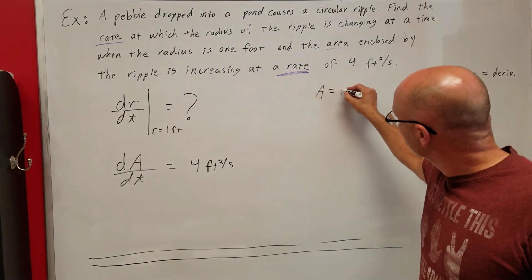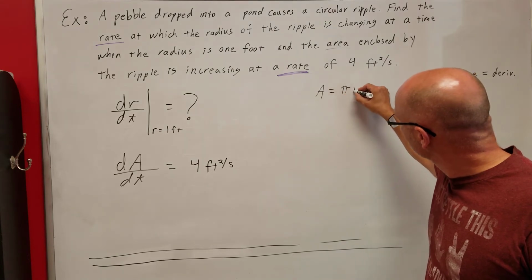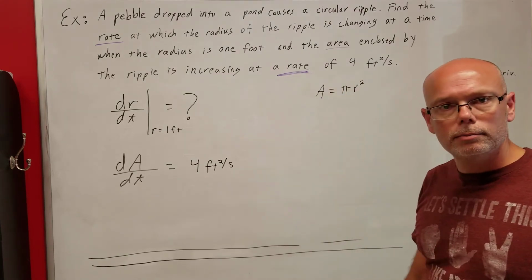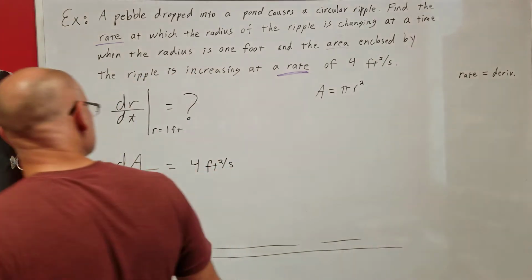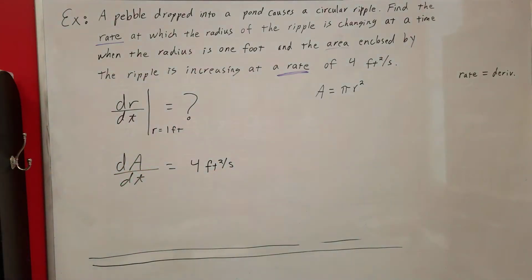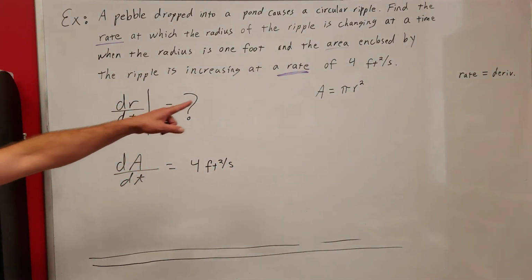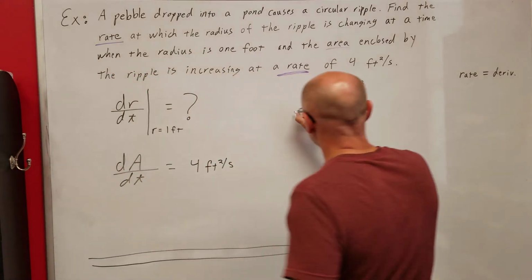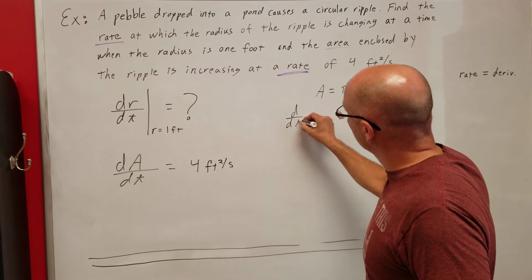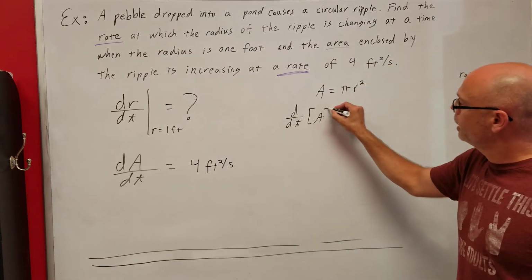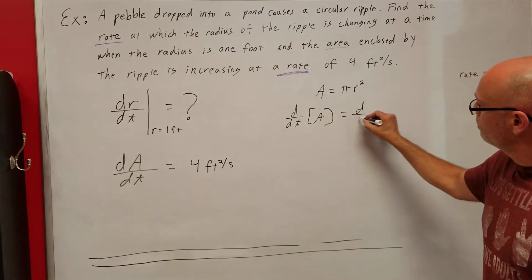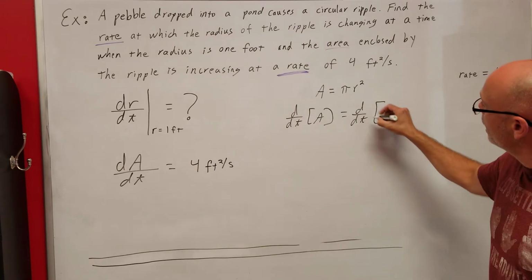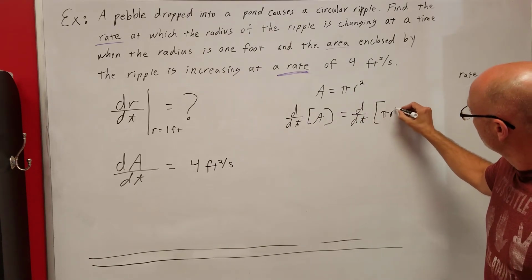Area is equal to pi r squared, right? The area of a circle. Now let's take the derivative of my equation with respect to t. So I'm going to take the derivative with respect to t of A is equal to the derivative with respect to t of the other side, pi r squared.